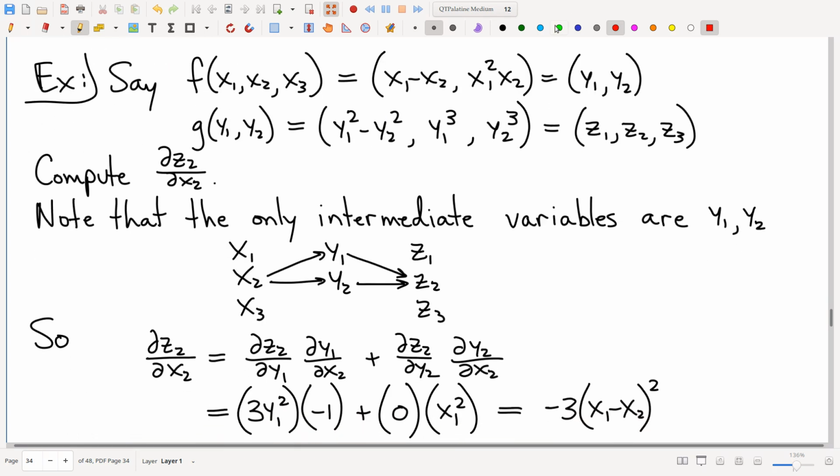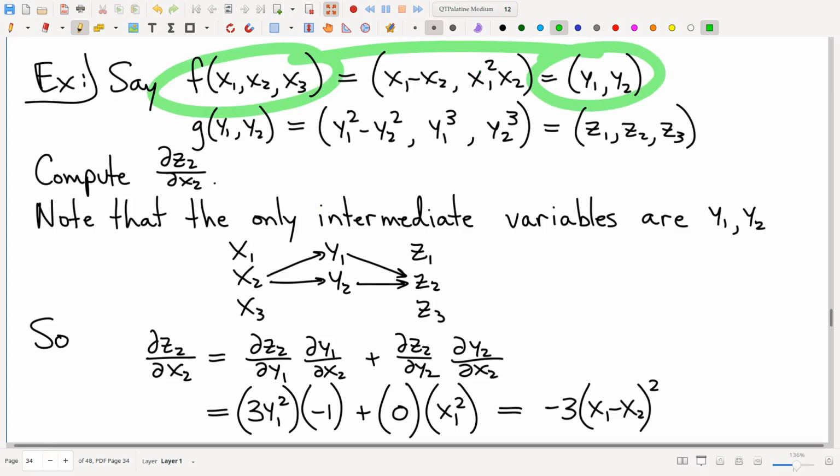So again, we're composing because the outputs from F are the inputs to G, and I have some explicit formulas given there. Now let's think about how these functions show up. The first function takes x's in and gives y's out. There it is on my diagram.